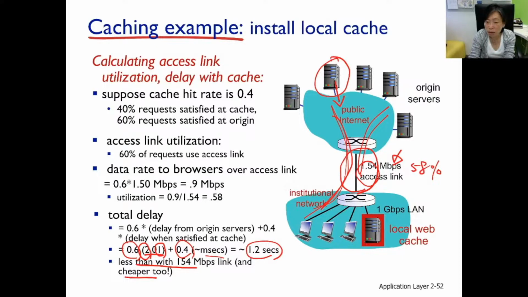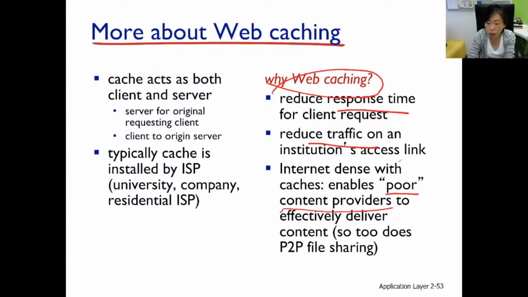Then reducing the amount of traffic going this way also saves poor content providers some resources, some money. And so web caching also helps poor content providers to deliver content. All right. And this could be a good thing because most NGOs might also have information to disseminate, but they couldn't provide good uplink bandwidth.